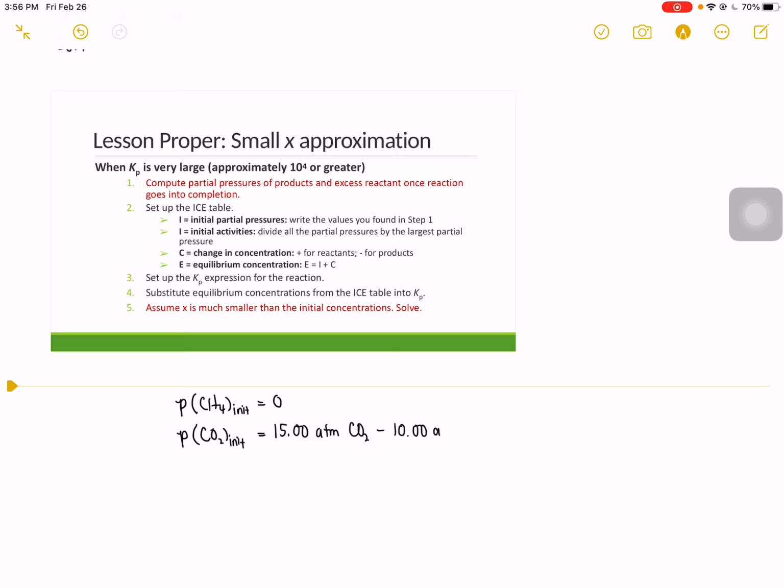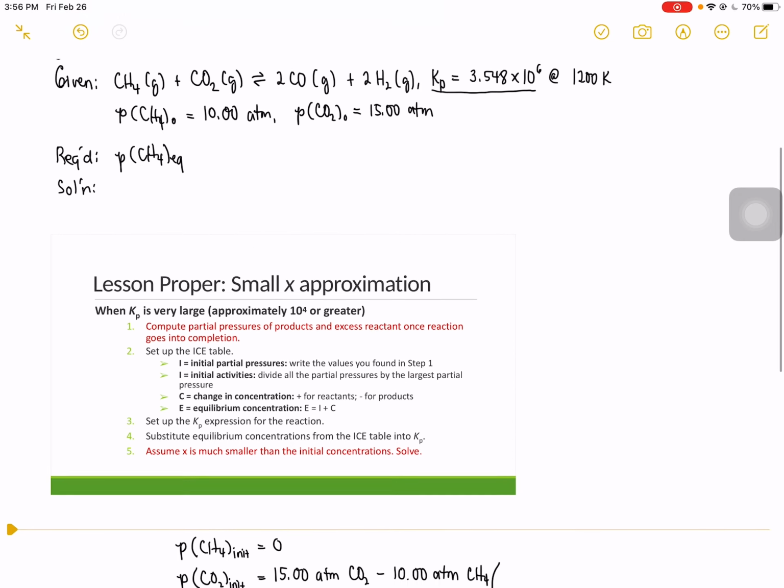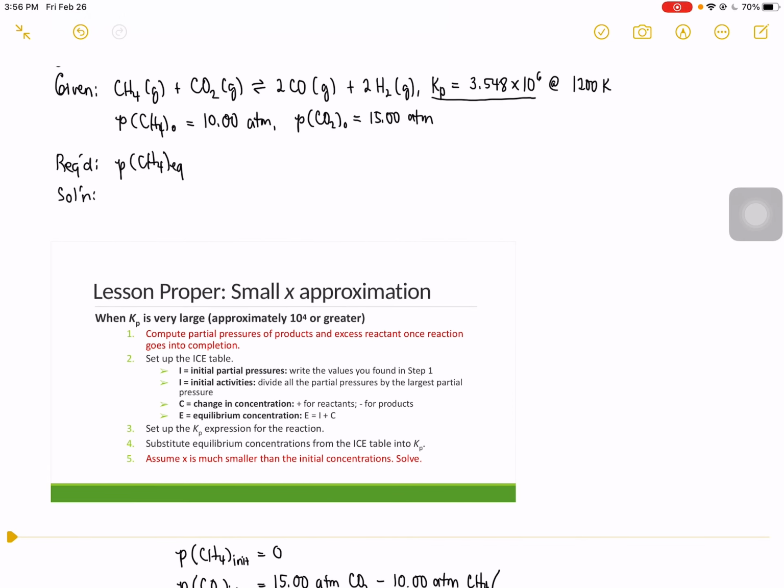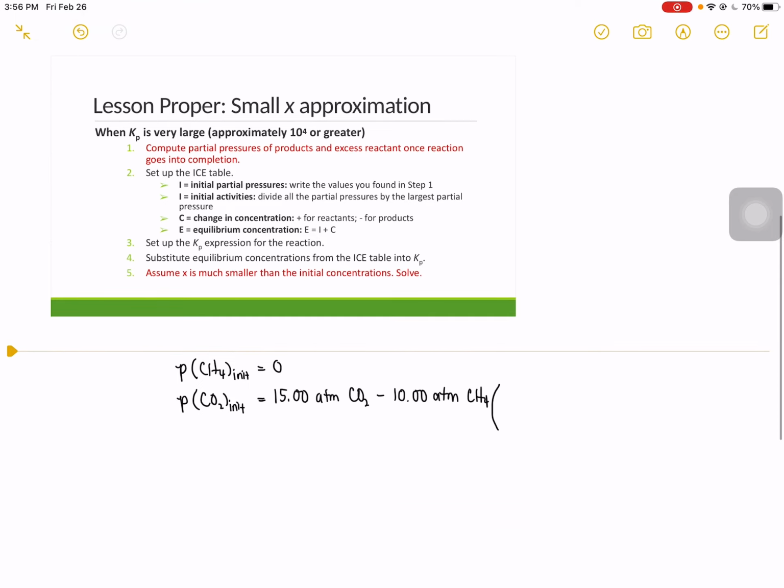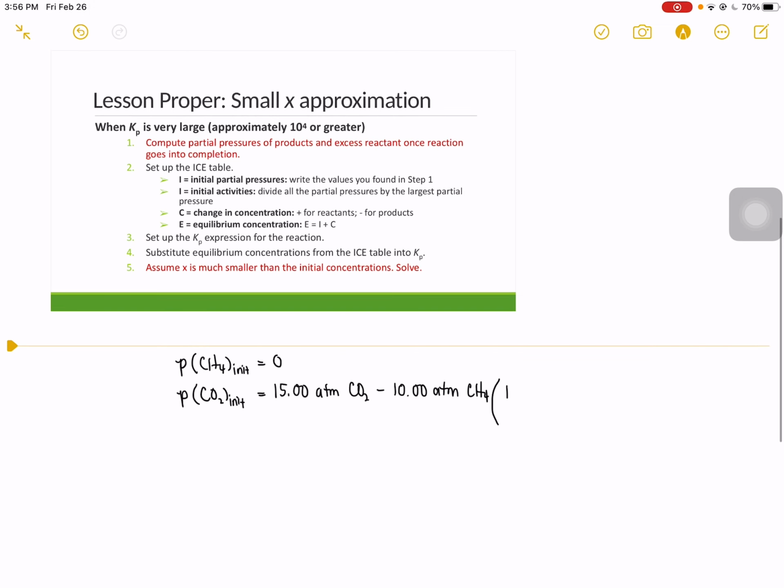So 10 atmospheres of methane, which is our limiting reactant, and basing on our stoichiometry coefficients from the balanced chemical equation, every mole of carbon dioxide should react with 1 mole of methane.